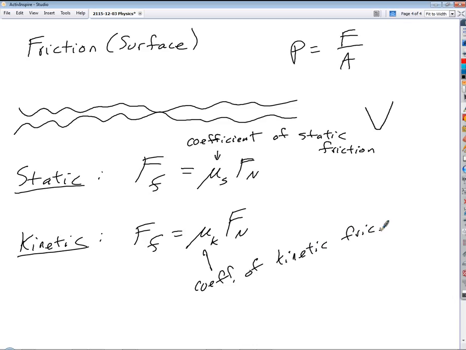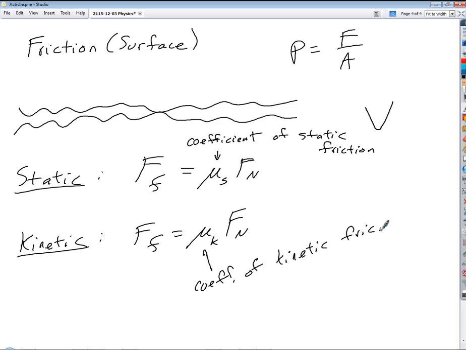Okay, so what does that mean? Well, first of all, a coefficient, we know what coefficients are, right? Coefficients in math are just numbers that are multiplied by variables, right? Similar here. A coefficient is a unitless quantity, so it doesn't have any units associated with it, that's multiplied by a quantity that has units, right?